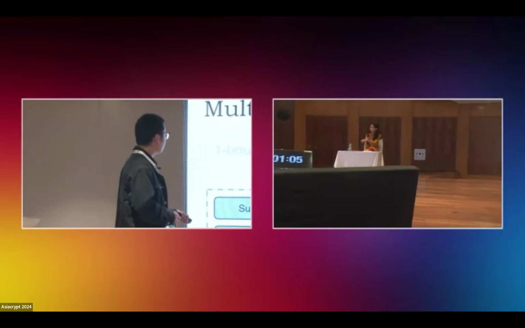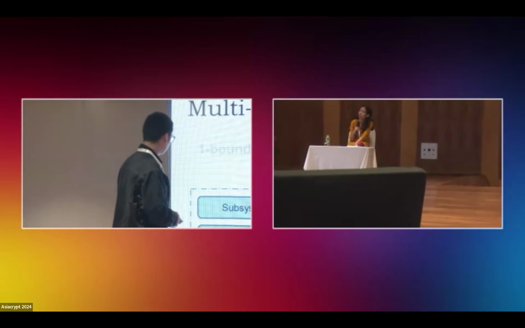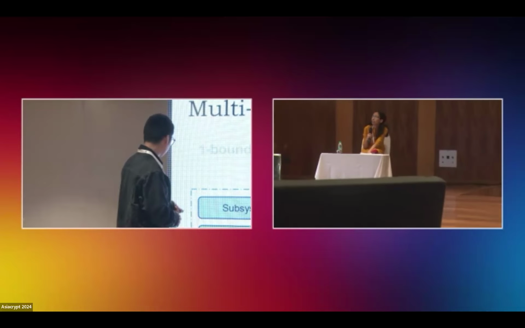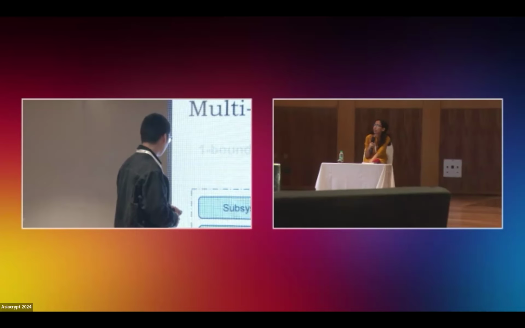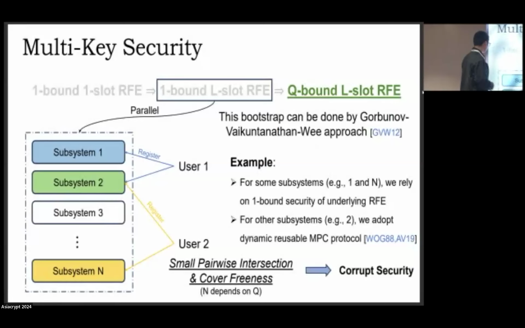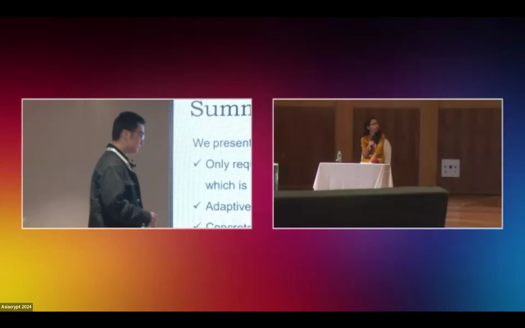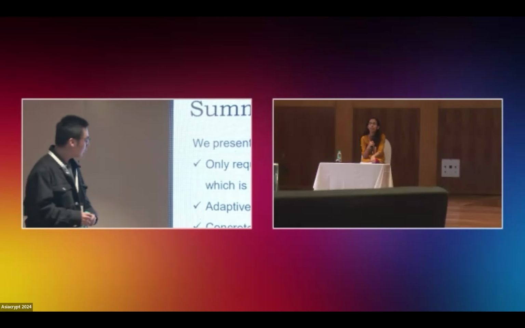The number n, you have written that n depends on Q. Which one? Oh, you mean the parameter n? Yes. This n might usually be polynomial. Any more questions? Let's thank the speaker again.